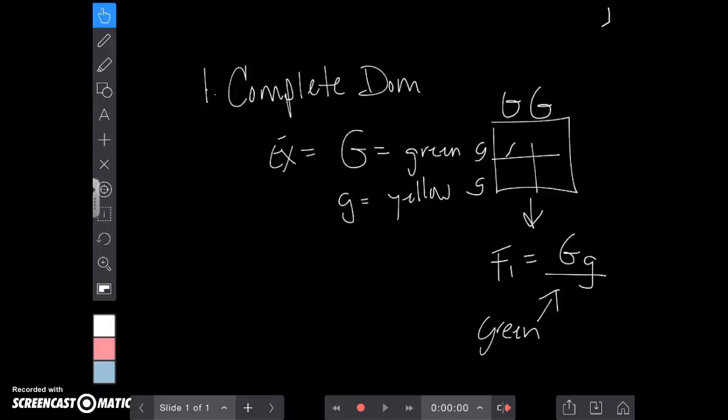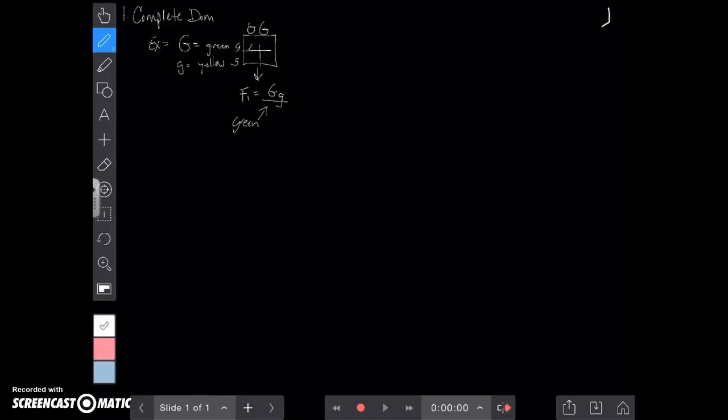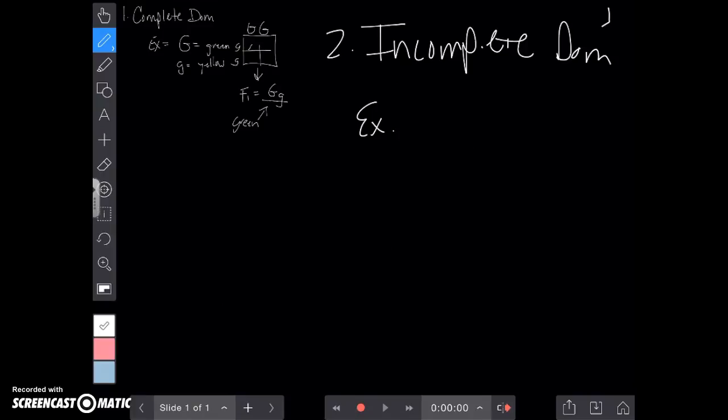Now, when I want to move that along, we can also have an example of incomplete dominance. For number two, incomplete dominance is where the traits actually are going to mix. This is our example that we've seen with flowers.